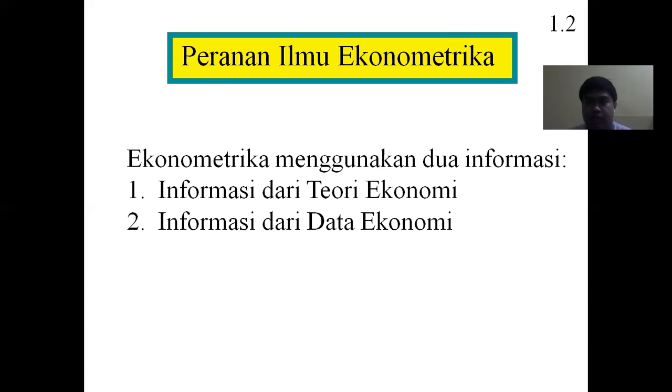After we define the information from the theory, we can define information from the data. For example, if I found that there is a positive relation between poverty and income, we should make a good policy to alleviate the poverty rate.